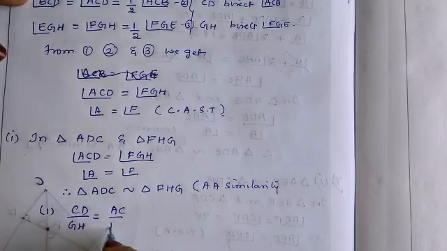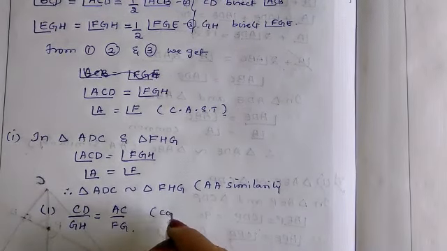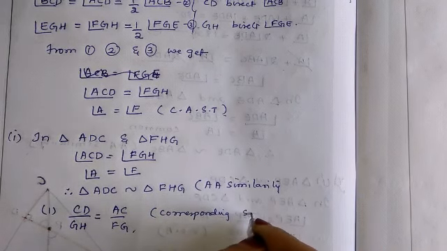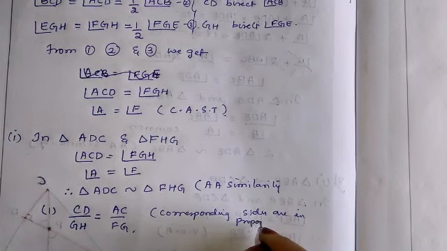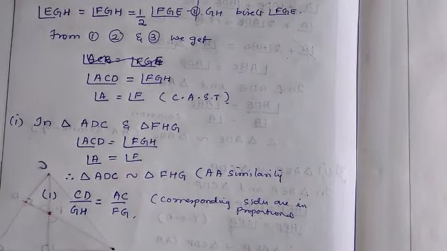We proved this. Why? Because triangles are similar means corresponding sides are in proportion.